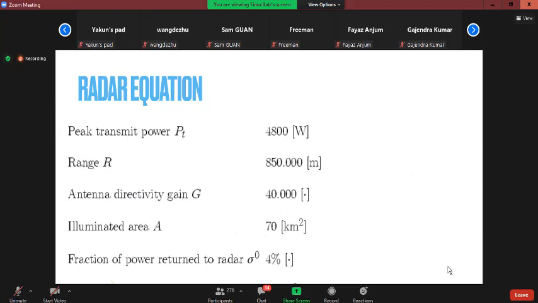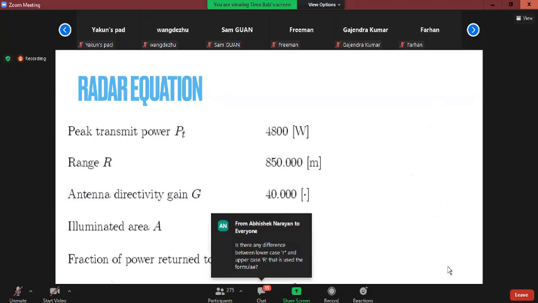Let's take a look at that with an example that's from the ARS system. So if we transmit a signal with 4,800 watt at 850 kilometer distance, we illuminate our footprint, the whole radar footprint at 70 square kilometer.